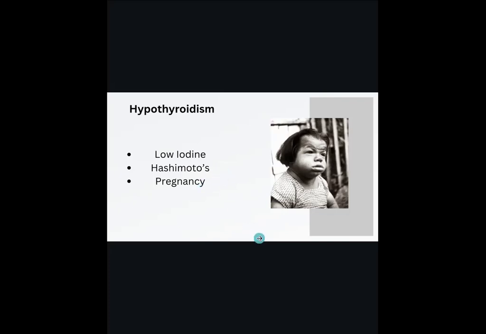And you're also going to see a goiter with this because of TSH, which is being released by the anterior pituitary. I hope I said that correctly on the previous slide, but thyroid stimulating hormone is released by the anterior pituitary gland.